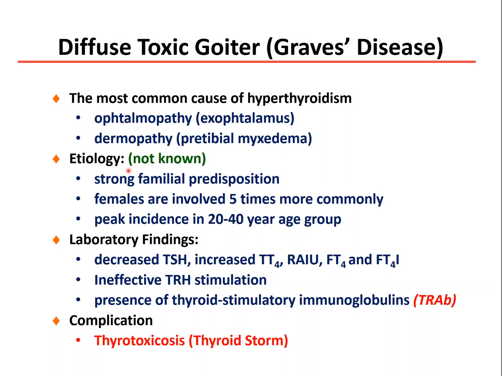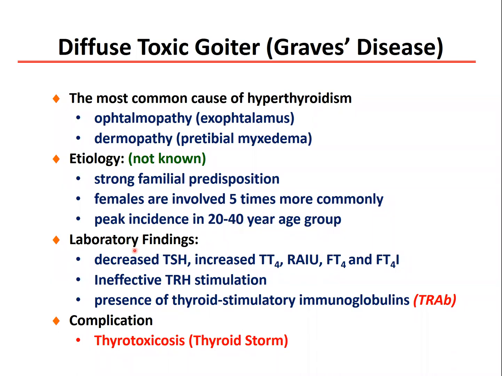Now, the etiology is not known, but it looks like an autoimmune disorder and is very highly associated with familial predisposition. Females are about 5 times more commonly affected. As I mentioned, the peak is about 20 to 40 years of age.